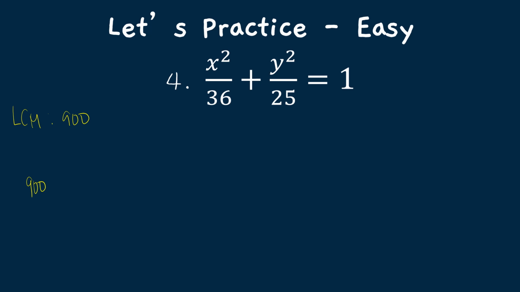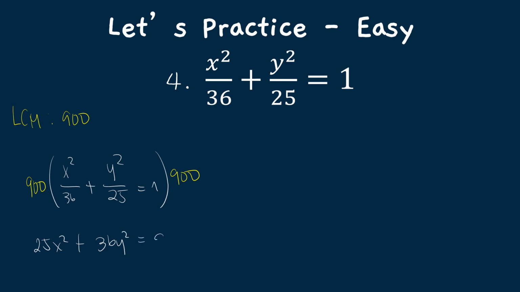So 900 multiplied by x squared over 36 plus y squared over 25 is equal to 1 multiplied by 900, and then divide it by the denominator. 900 divided by 36 is 25, x squared plus 36y squared is equal to 900.